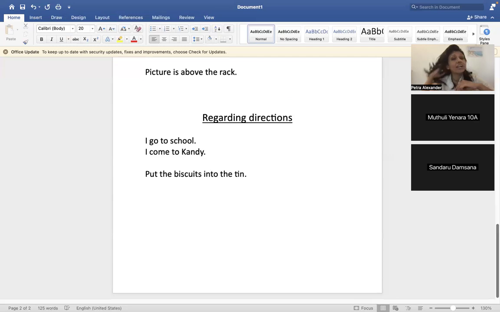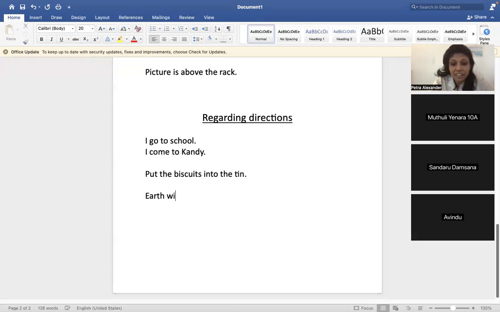අඩි 10ක් පොළව තුලට. මේ ස්විච් එක බලන්න. earth wire එක අඩි 10ක් පොළව තුලට වලලන්න. How do you say? Earth wire එක, you know earth wire? Earth wire එක අඩි 10ක් පොළවට වලලන්න ඕන.